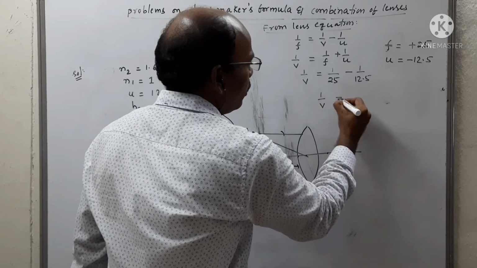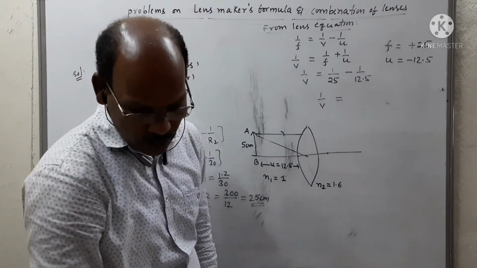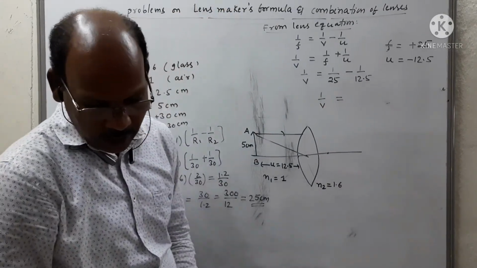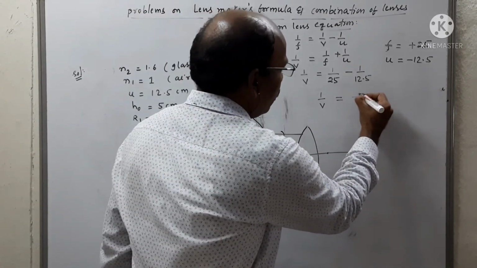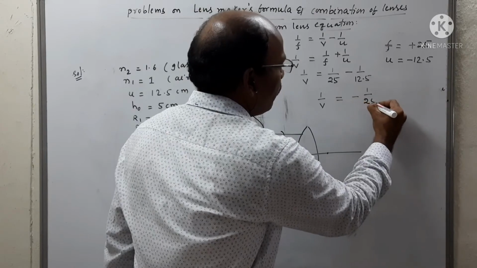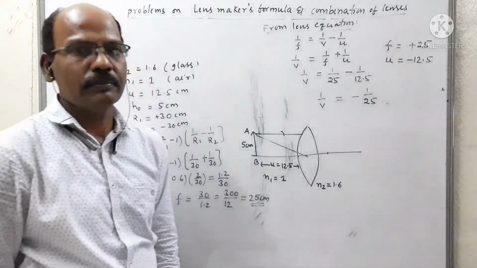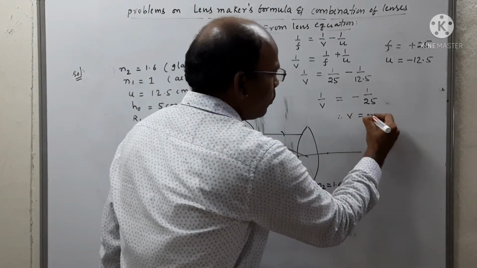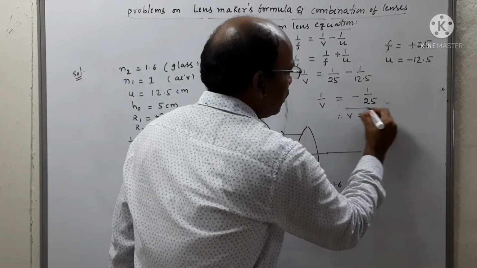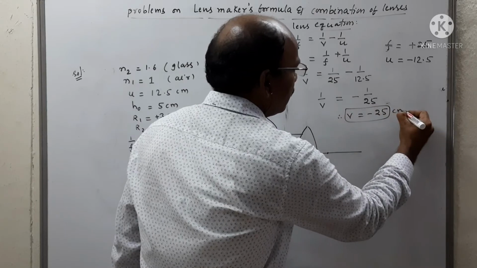Take the LCM. Then we get 1 by v is equal to minus 1 by 25. So from this we can write v is equal to minus 25 centimeters.